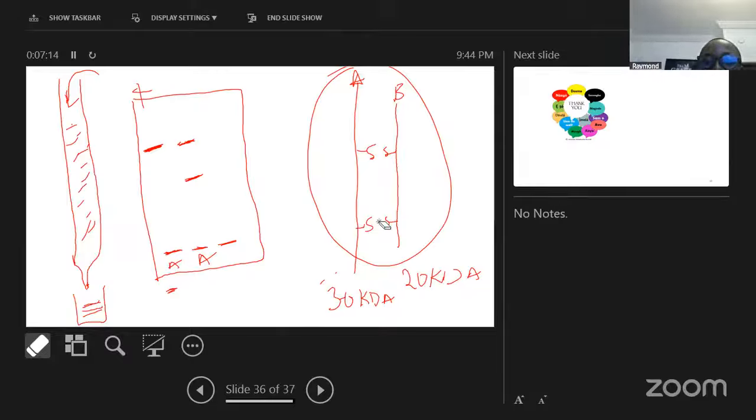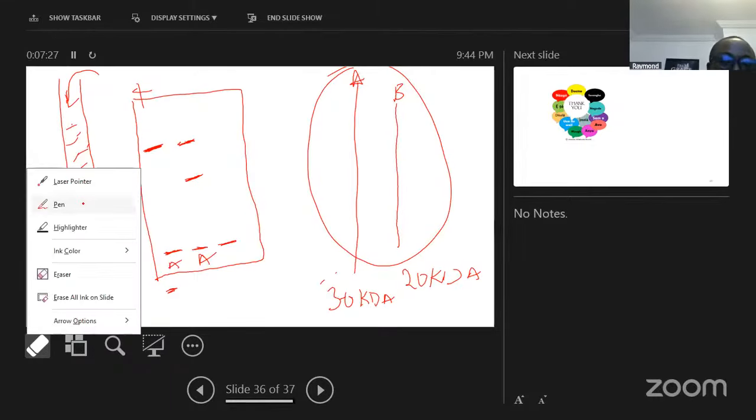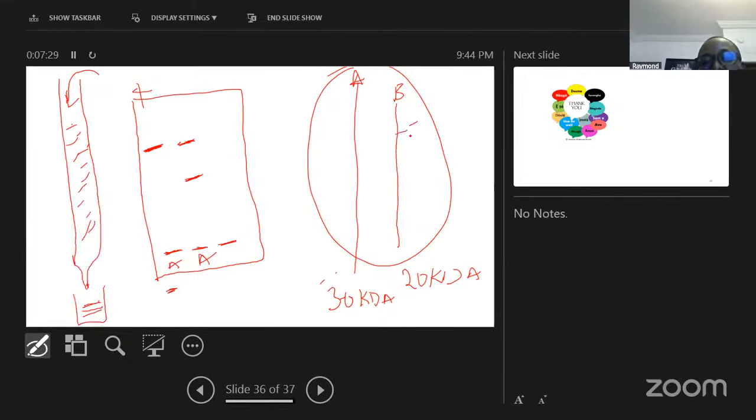So the protein will now look like this. SH. SH. SH. SH.